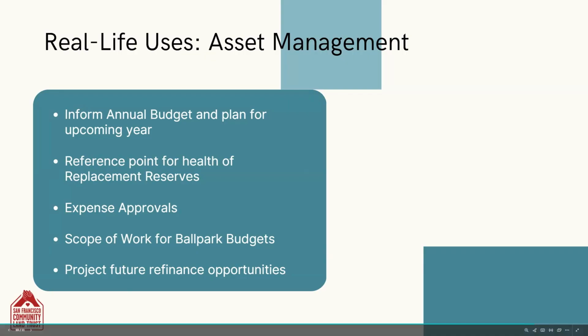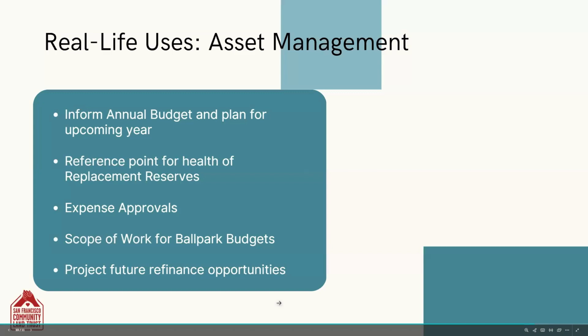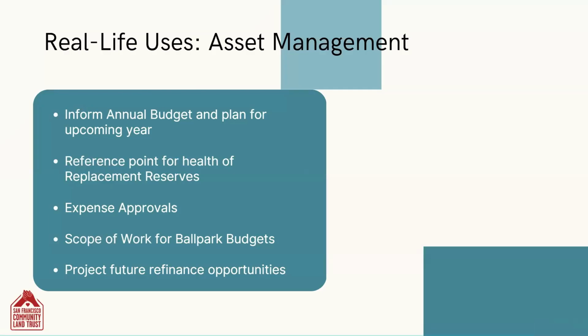You can use the CNA to inform the scope of work for your contractors to get ballpark budgets. You can use that fixture count or the gross square footage to get ballpark numbers for budgeting purposes. And then also, you can look at the CNA and the reserve study, and you can project when might be good future refinance opportunities.